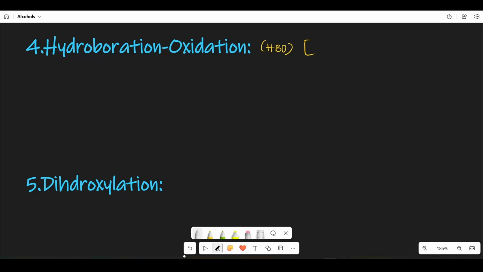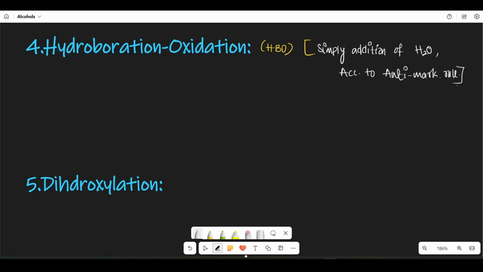This is also simply addition of water, and we will write the product according to anti-Markovnikov.